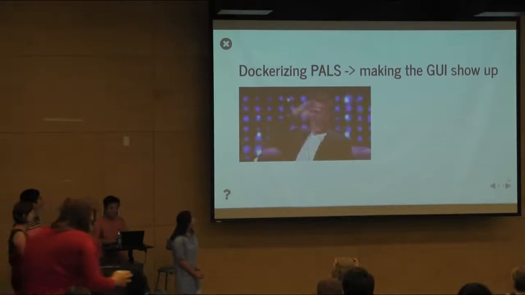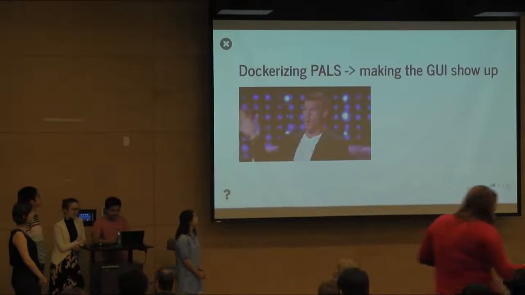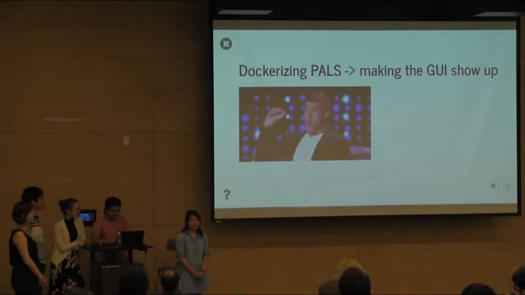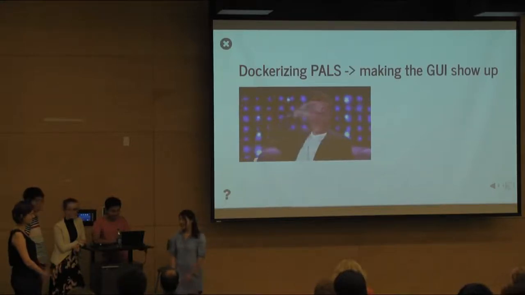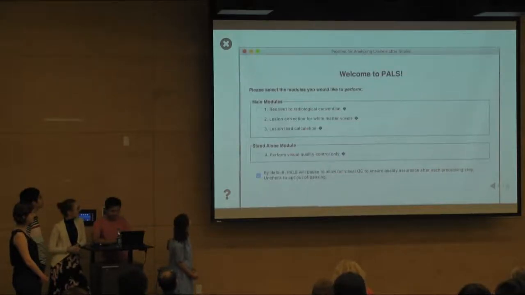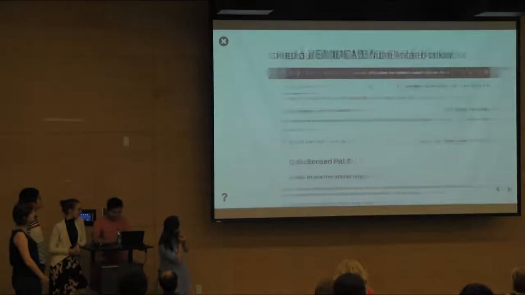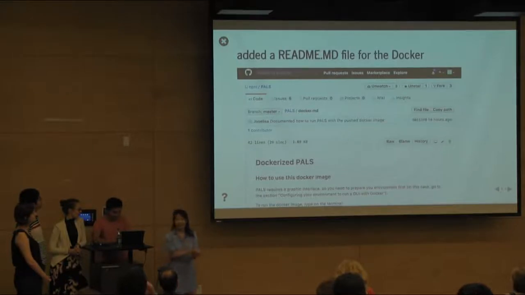And so we decided we would try to Dockerize it, but it turned out that making the GUI show up through the Docker was a non-trivial task. Josie was able to really figure this part out. So this is what the pipeline, or the GUI, looks like in the Docker now. Okay, and then we also added a README file for putting up a Docker.